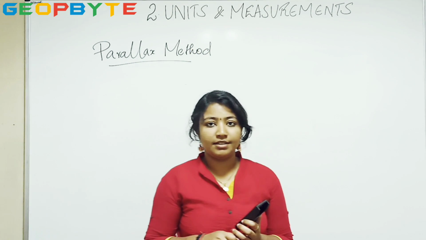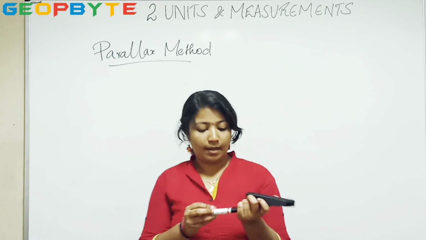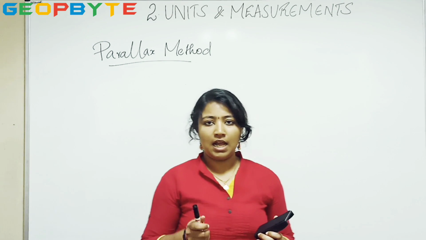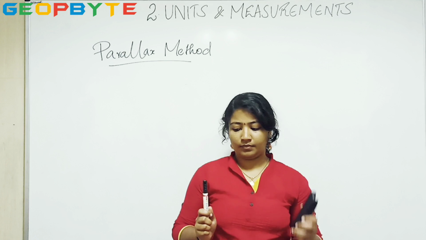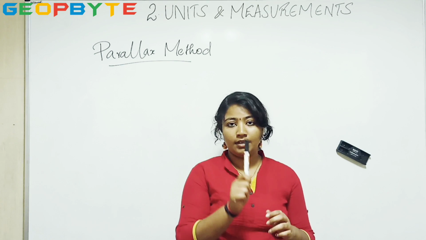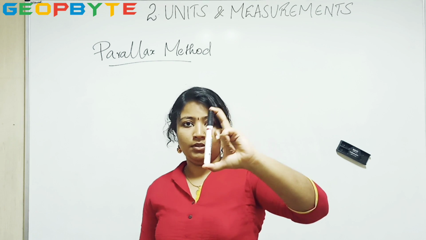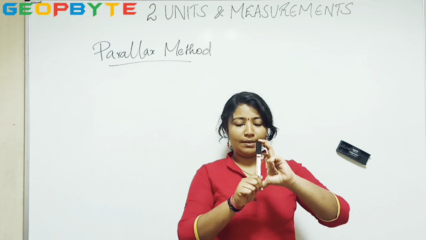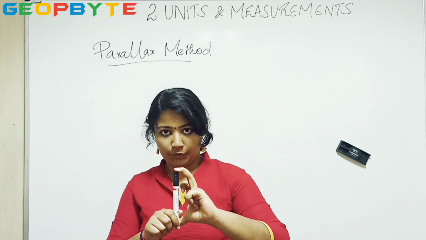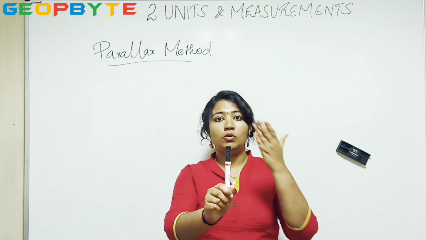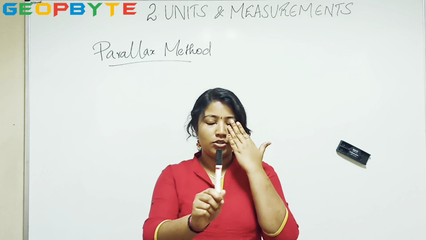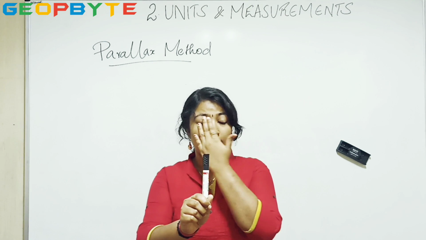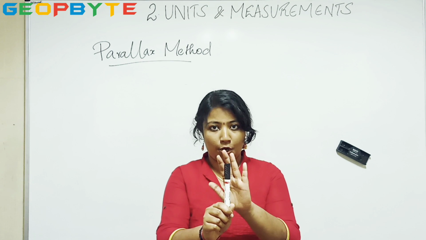To make you understand what this parallax method is, I will give you an example. Suppose this is a marker. Hold a pen or pencil in front of you and close one of your eyes. So you may see it at one point.